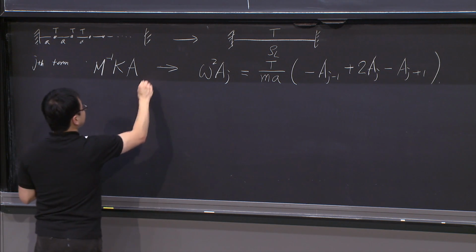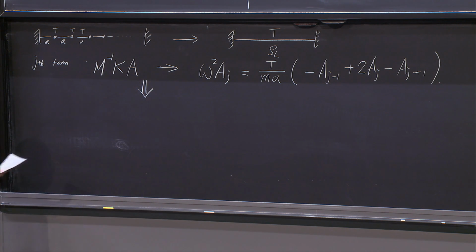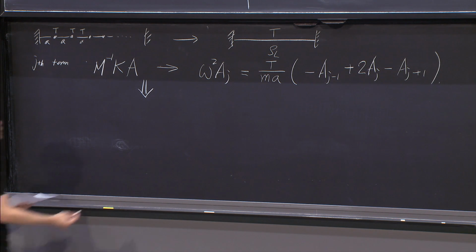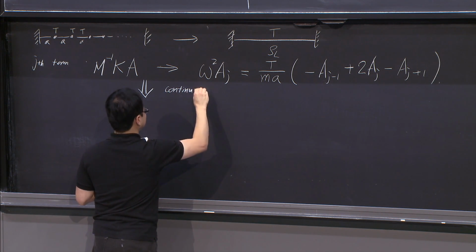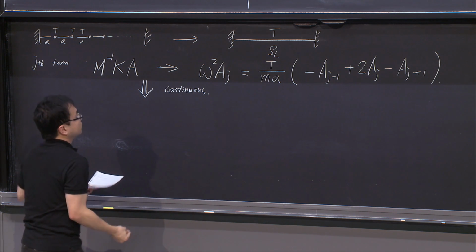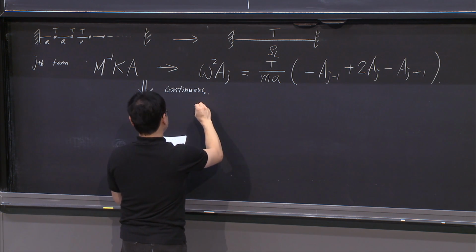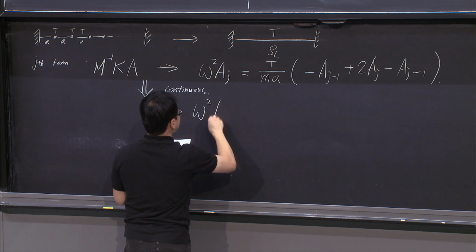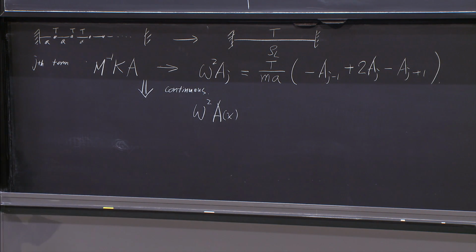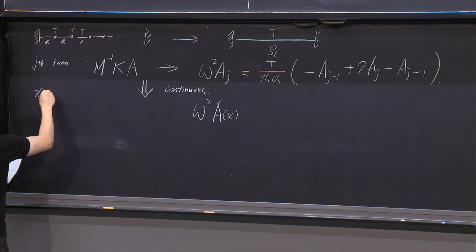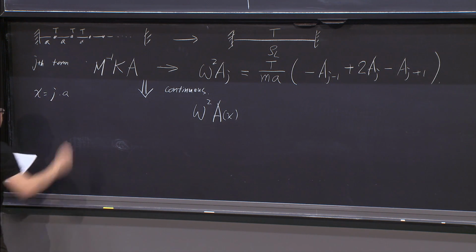So if I make it continuous, what I'm going to get is omega squared A, evaluated at position x, where x is equal to j times a.